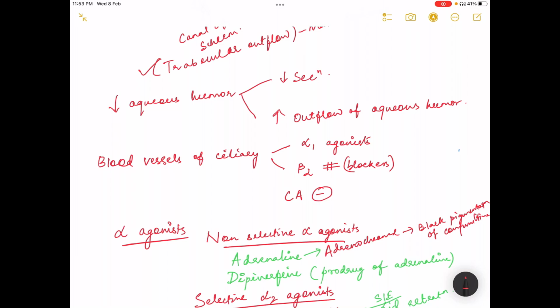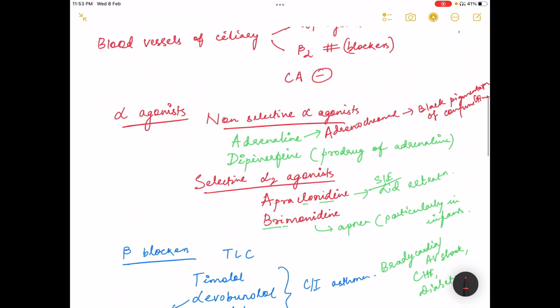How will we decrease the secretion? Either by alpha agonists, beta blockers, or carbonic anhydrase inhibitors. Among alpha agonists, we have non-selective and selective. The non-selective ones are adrenaline and dipivefrin. Adrenaline is metabolized into adrenochrome, which causes black pigmentation of the conjunctiva. The alpha-2 agonists are apraclonidine and brimonidine.